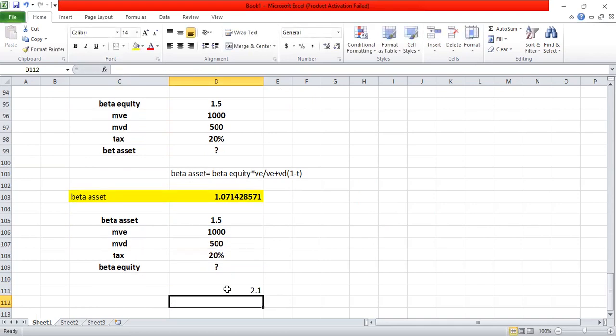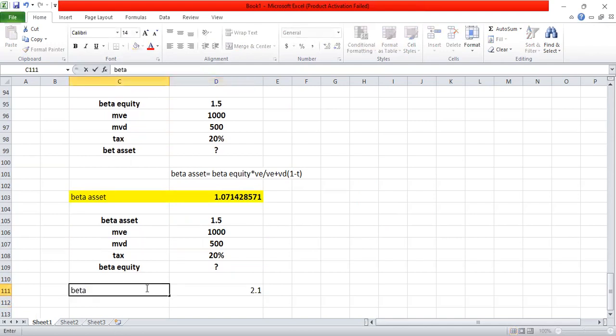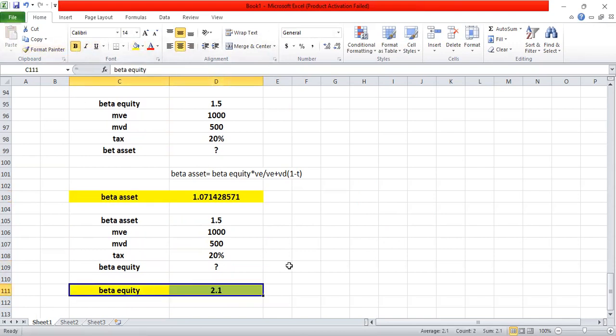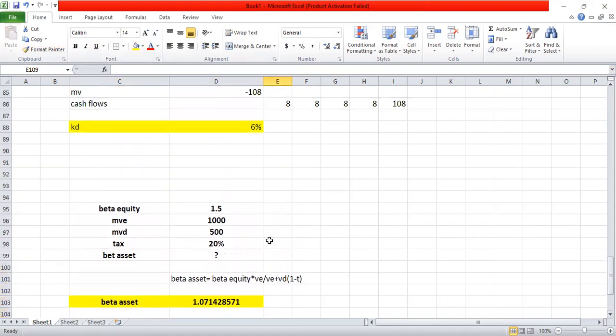So this is coming as 2.1. So guys, this is the beta equity. And this was the beta asset. So guys, these are the major formulas which are being used in your exams.